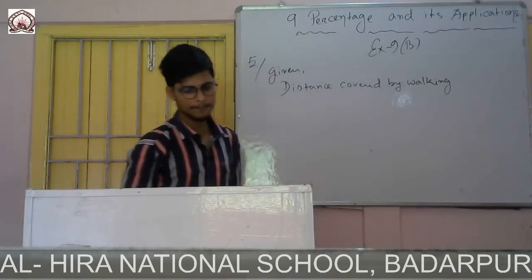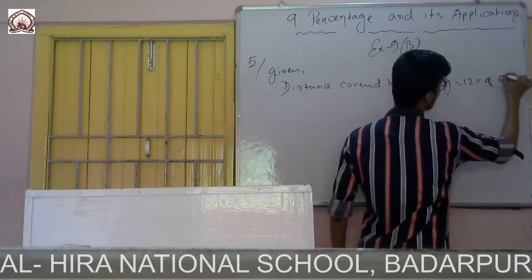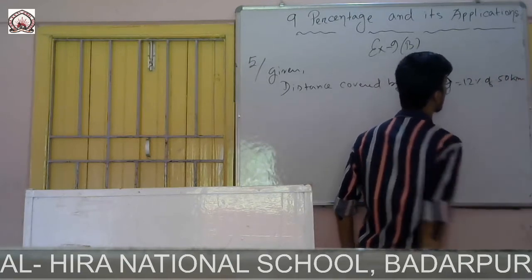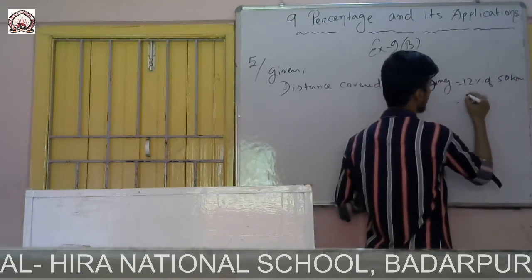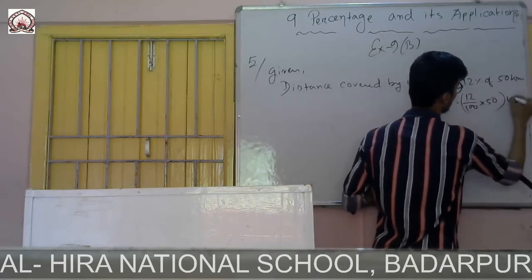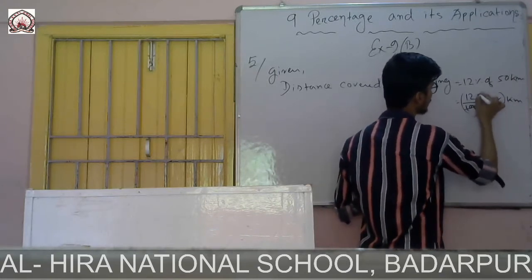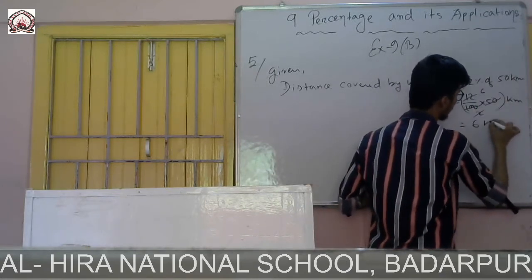It is given 12% of total journey, that means 12% of 50 kilometers. So I can write 12 by 100 into 50 and the unit will be kilometer. 50 2s are 100, 2 6s are 12, so the answer is 6 kilometers.